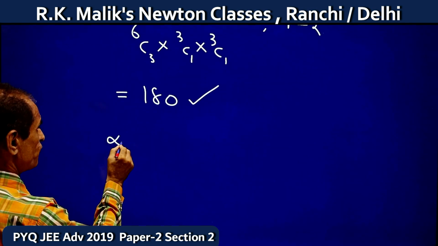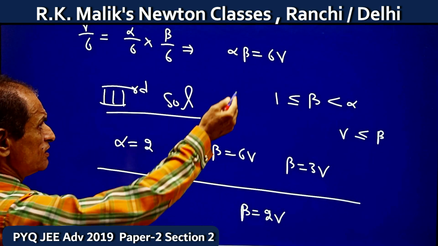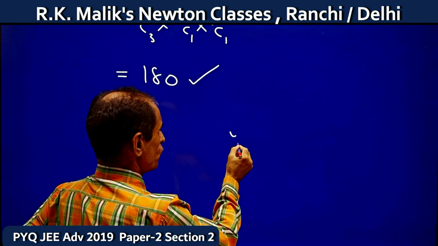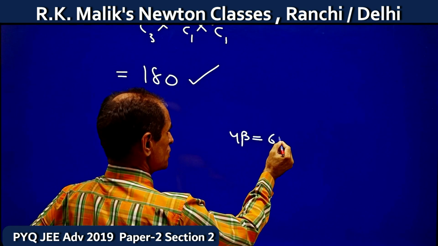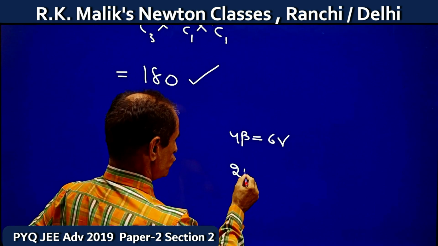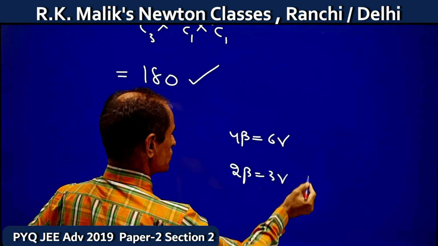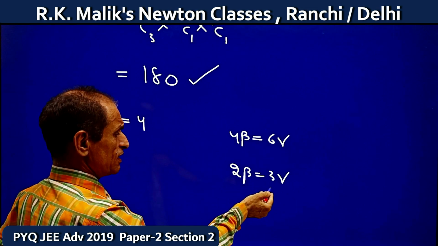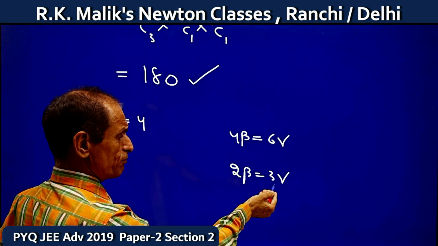And take the case when alpha is 4. In that case, alpha beta equal to 6 gamma will mean 4 beta equal to 6 gamma. That is 2 beta equal to 3 gamma. And it is clear that gamma will have to be even number.